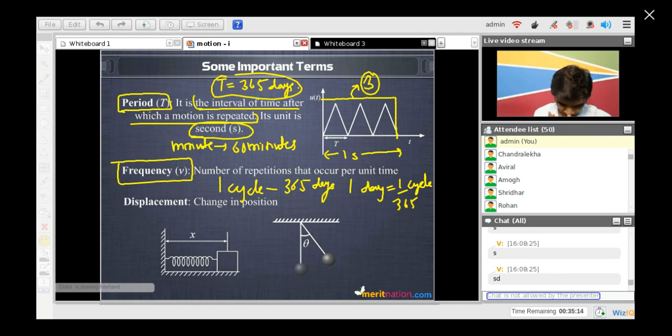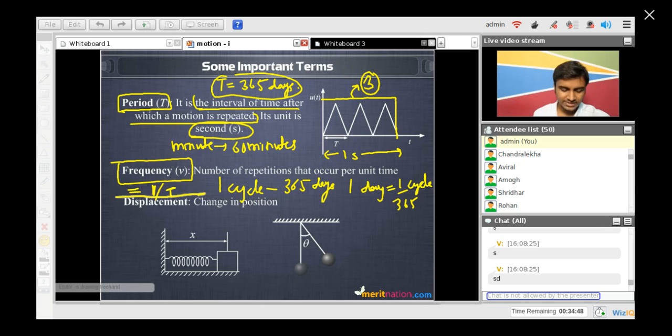So frequency is equal to 1 upon time period: the number of cycles per unit time. That is frequency.